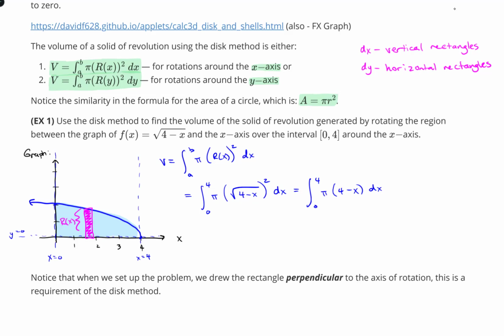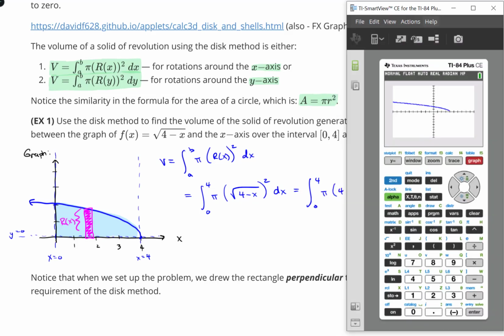Now, we've been using fnint in order to calculate our integrals, and if we did that with the constant pi, what would happen is we could never get a final answer that is a fraction. Let me show you what I mean.